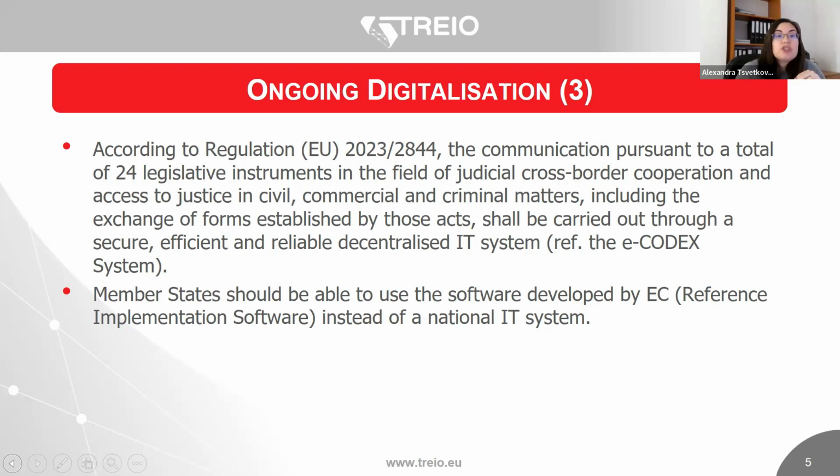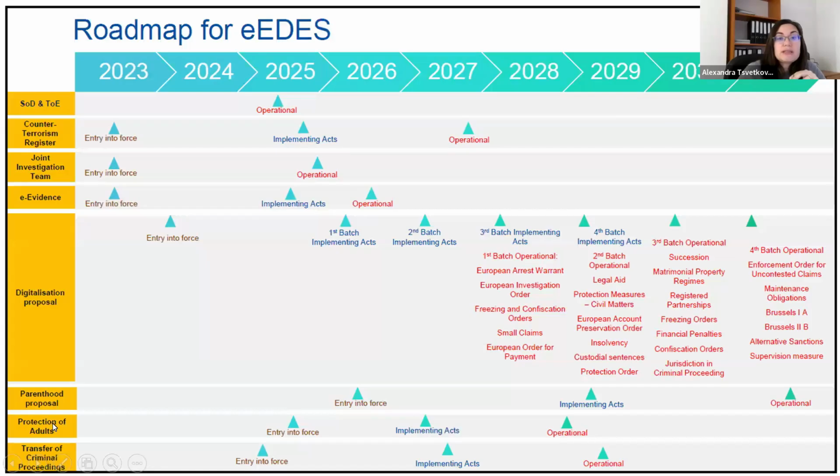Considering this large number of legislative instruments that are to be gradually digitalized, the Commission came up with a special roadmap. And you can see it on the screen, which will show you the stages of implementation.